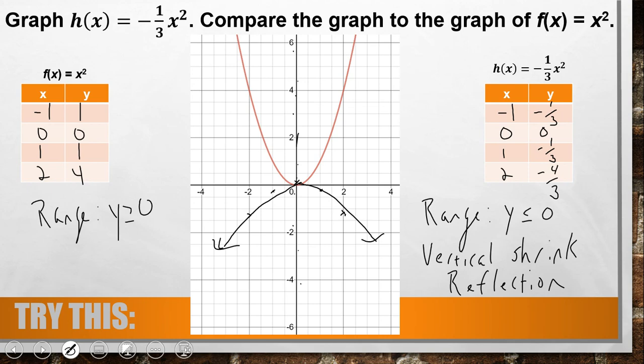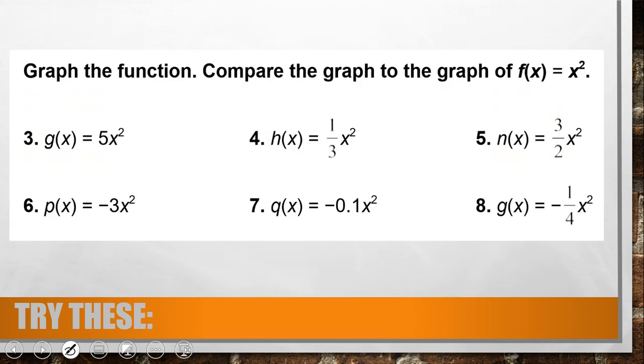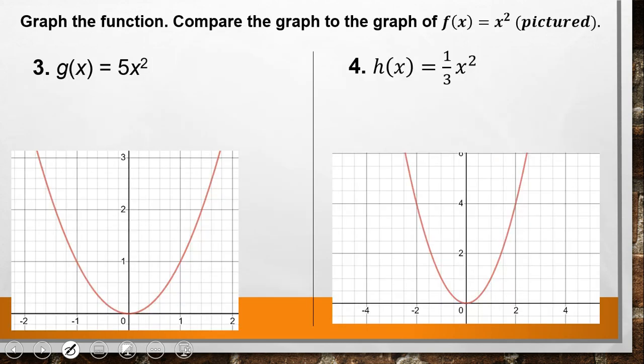And again, you could use Desmos to help you graph. Now, graphing these functions, guys, how should we go about doing them? What's shown here on each of these is the parent function. These are not the graphs. This is your y equals x squared parent function.